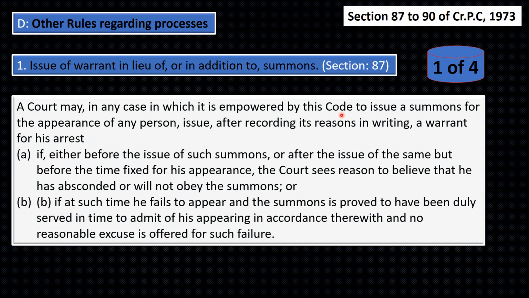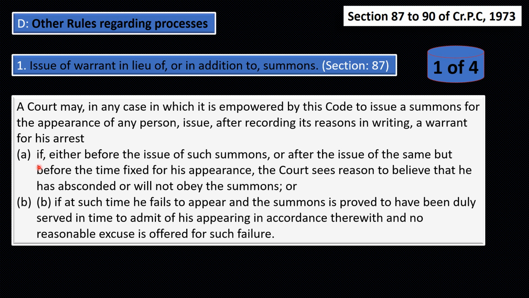Still, let's cover the Bare Act language, what it says. A court may, in any case in which it is empowered by this code to issue summons for the appearance of any person, issue, after recording its reason in writing, a warrant for his arrest.